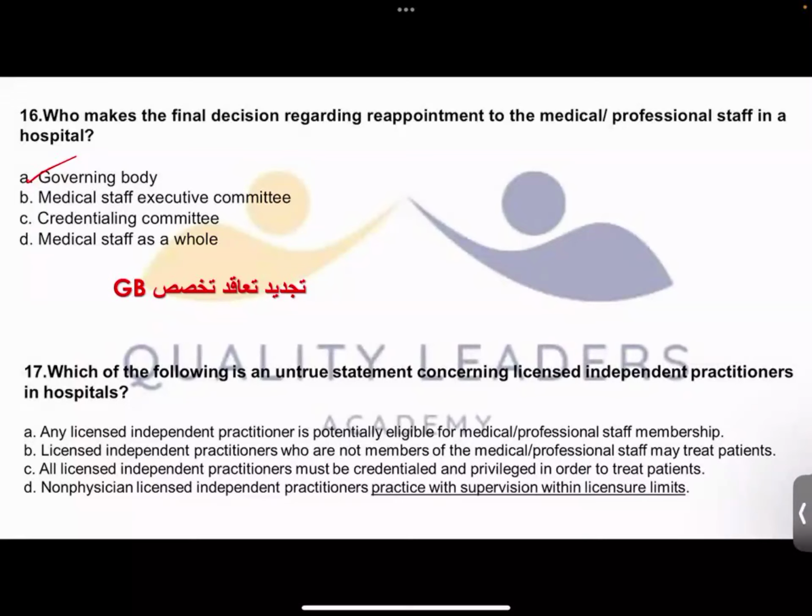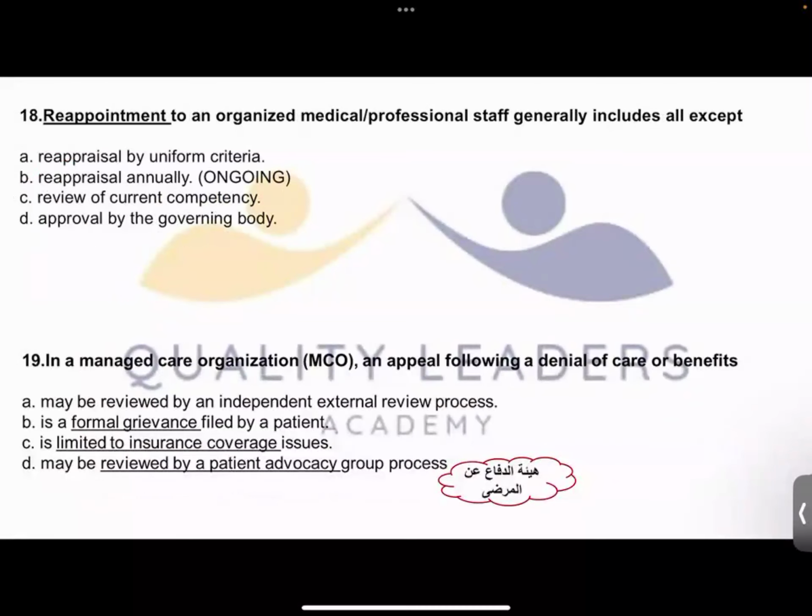For letter B, non-members can still treat patients within the scope of their licensure, but they must be authorized by the hospital. Letter C, credentialing and privileging are required processes to ensure a practitioner is qualified to provide care within a hospital. So the untrue or false statement is letter D, non-physician licensed independent practitioners practice with supervision.